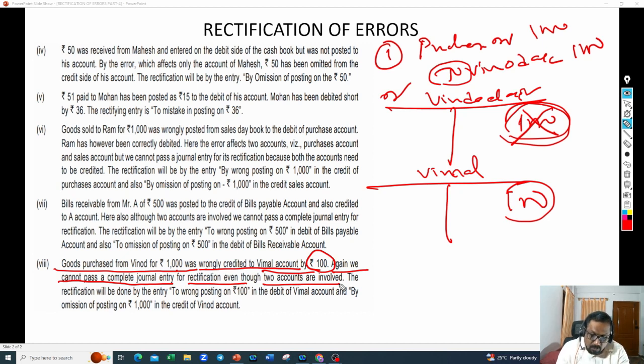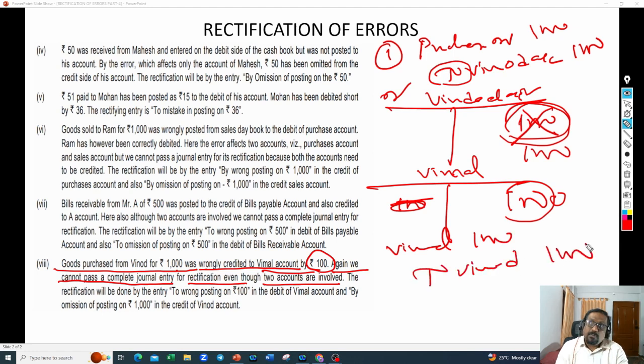Right? So what are you supposed to do? You are supposed to debit Vimal account with 100 and credit Vinod account with 1000. Suppose this was credited with 1000, you could post a complete entry. How? Vimal account debit 1000 to Vinod account 1000 credit. You can post like this if the amounts were posted correctly with 1000.